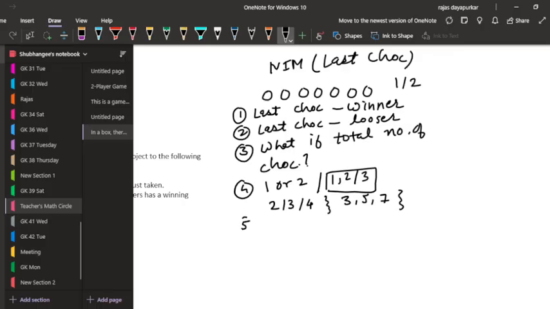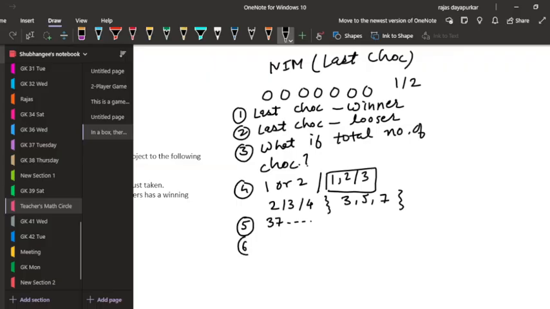Or one more game we saw that day: one was to write 37 and then remove 1 or 2, and the person who reaches 0 is the winner. So instead of drawing chocolates, we just wrote 37 and started removing numbers.